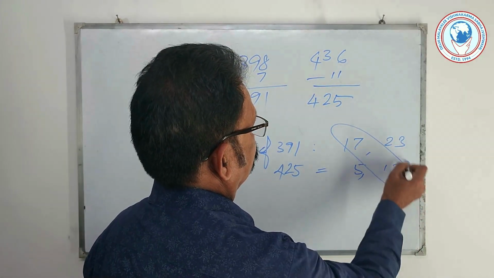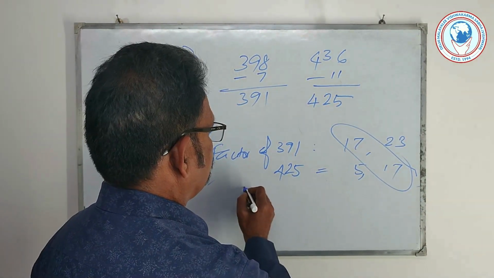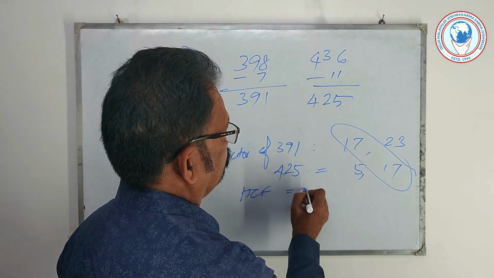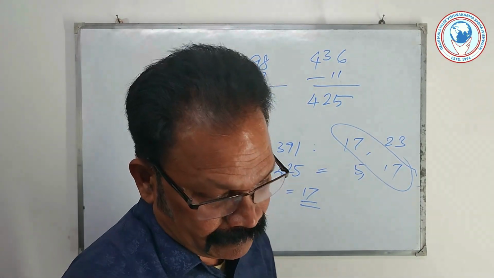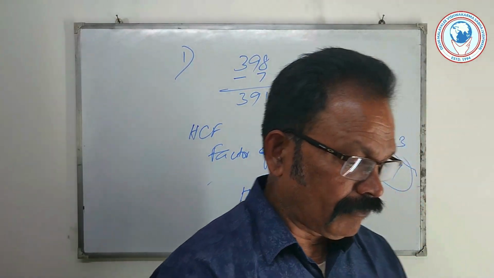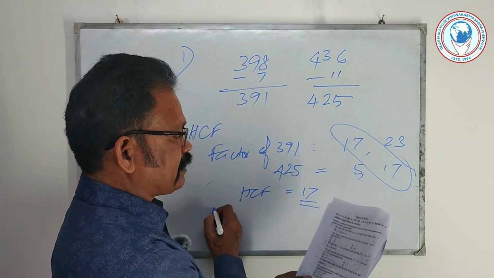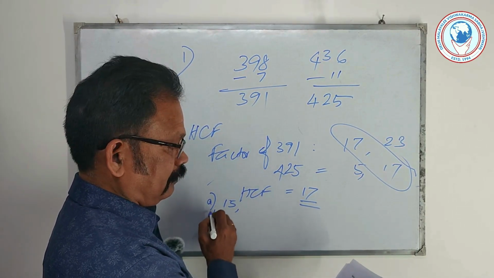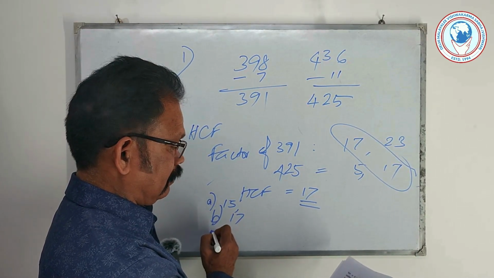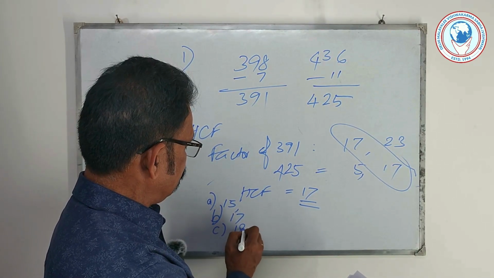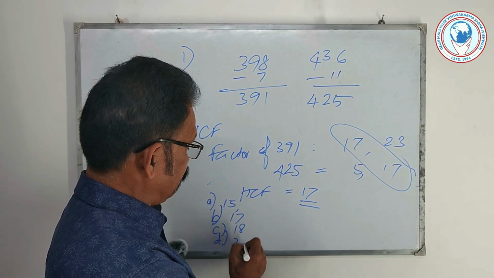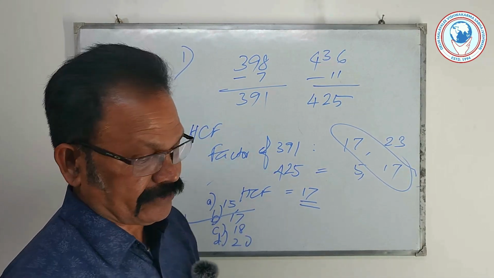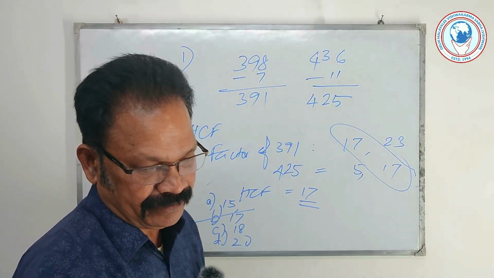So HCF is equal to 17. The options given are A 15, B 17, C 18 and D 20. So we get option B, 17.